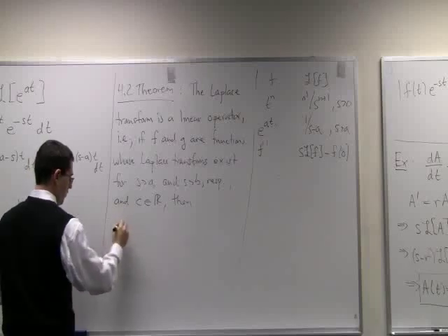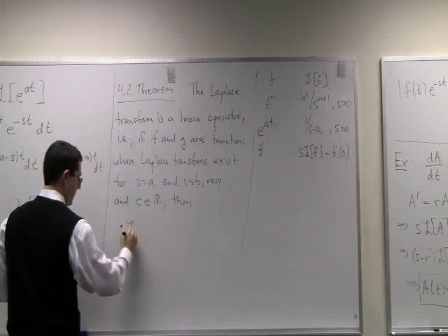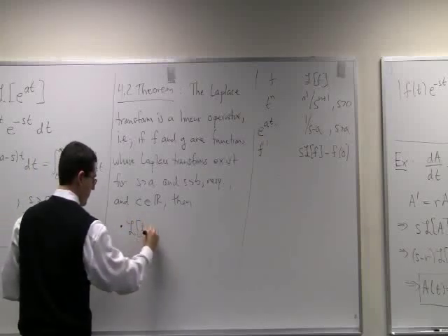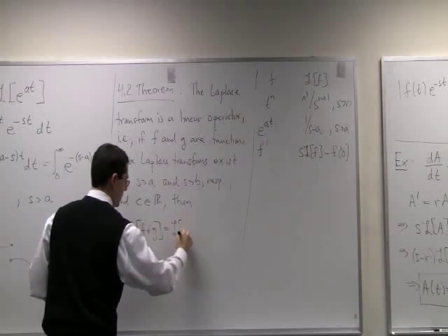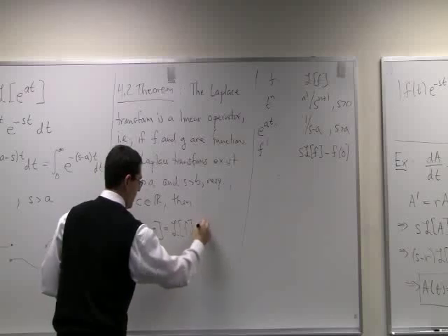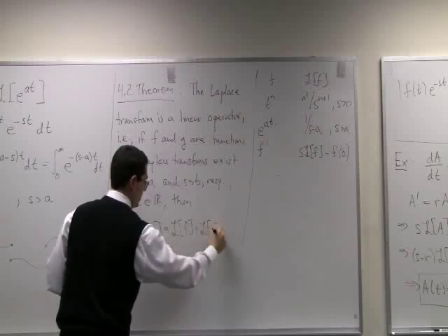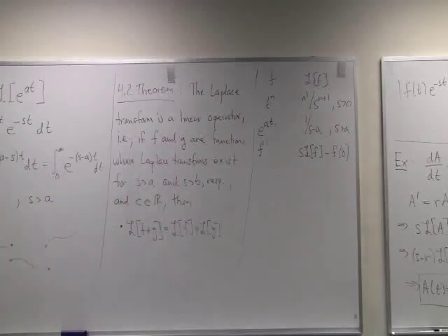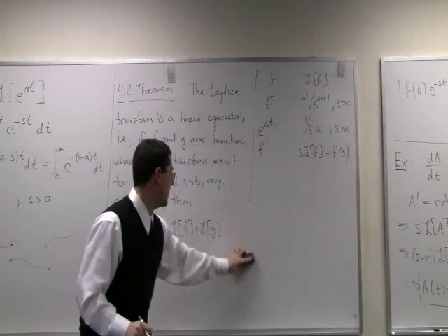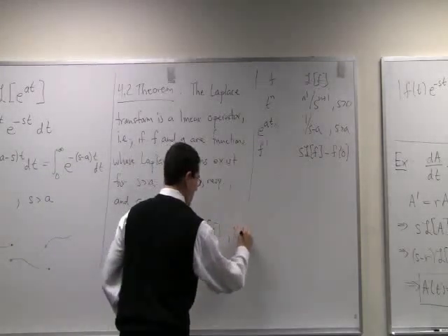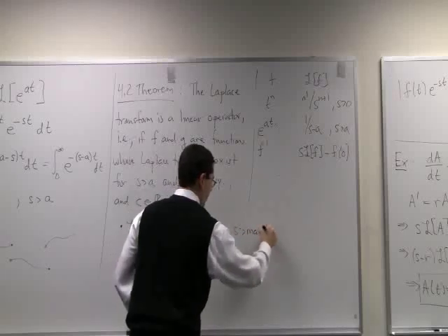Then two things hold. First, the Laplace transform of f plus g, the sum of the functions, is the Laplace transform of f plus the Laplace transform of g. So it's additive. And for what s? Well, here for s greater than the maximum of a and b.